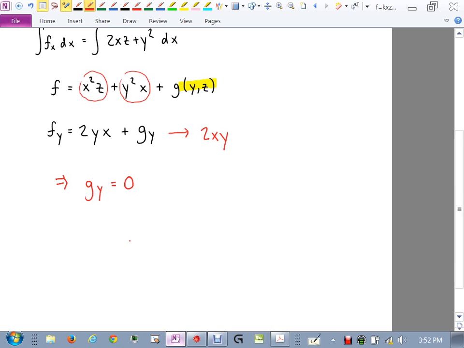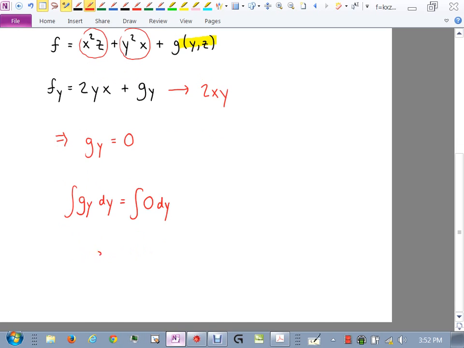Well, we can integrate that now, right? So we integrate g with respect to y, with respect to what variable? Respect to y, and we get the integral of 0 with respect to y, which is, what's the left side? G, and that must equal what?